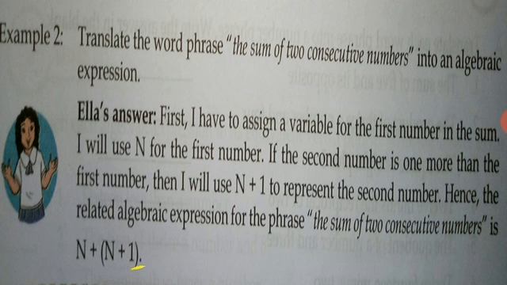Since the question is two consecutive numbers, the first number is n and the second number is n plus 1. For example, 1, 2: the first number is 1, which is n. The second number is 2, so you just add 1 to n. So n plus the quantity n plus 1 is the sum of two consecutive numbers.